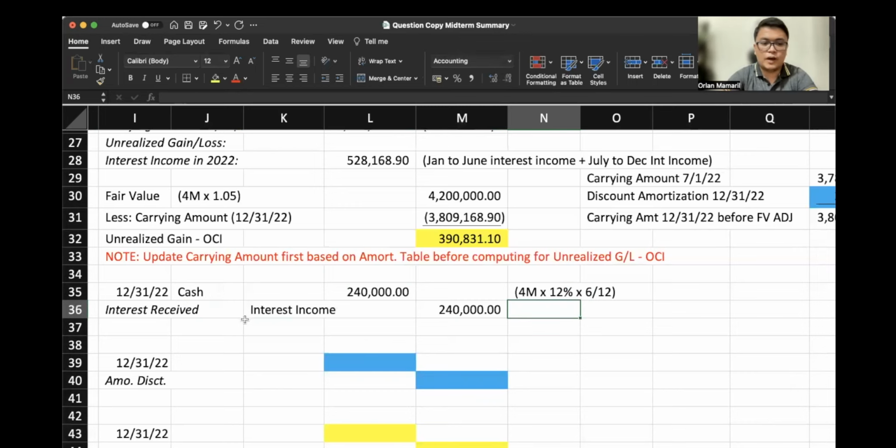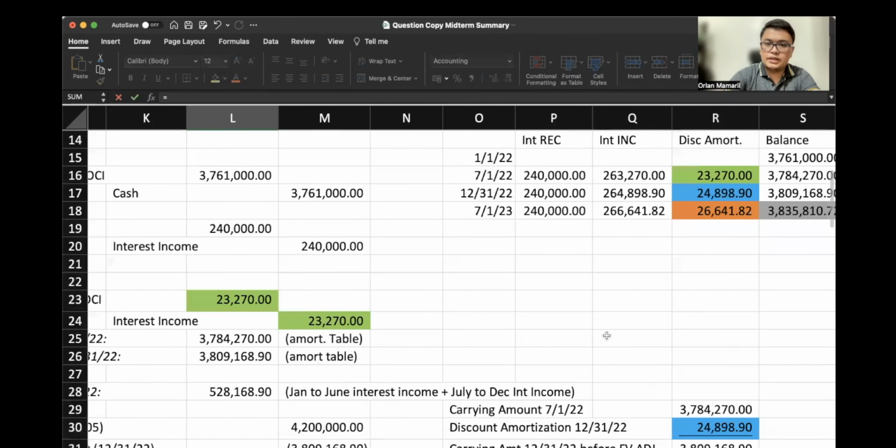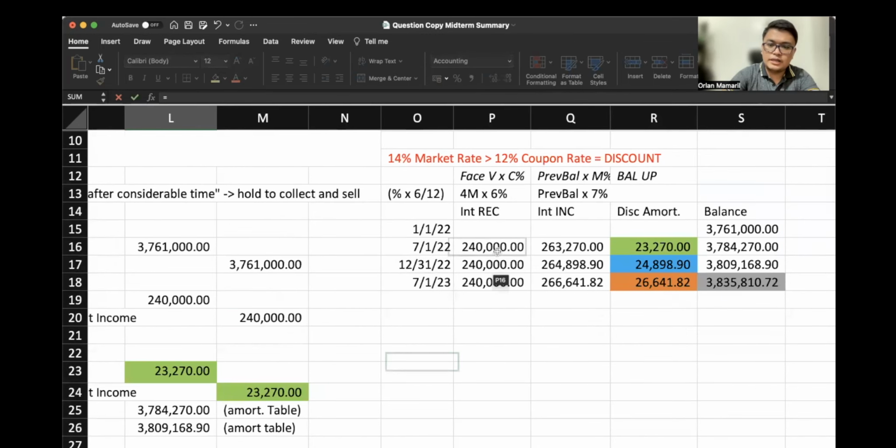because this is semi-annual. Then on December 31, 2022, we have amortized this financial asset and then credit interest income. And that is based on the amortization table, right? December 31, 2022 line, the blue cell, the discount amortization is 24,898.9.